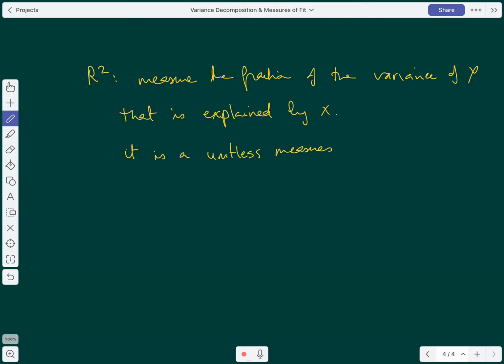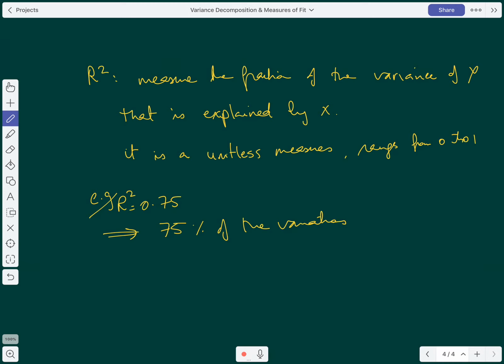It's just a number that ranges from 0 to 1. For example, if I have an R squared equal to 0.75, then 75% of the variations in y are explained by the variations in the x's.